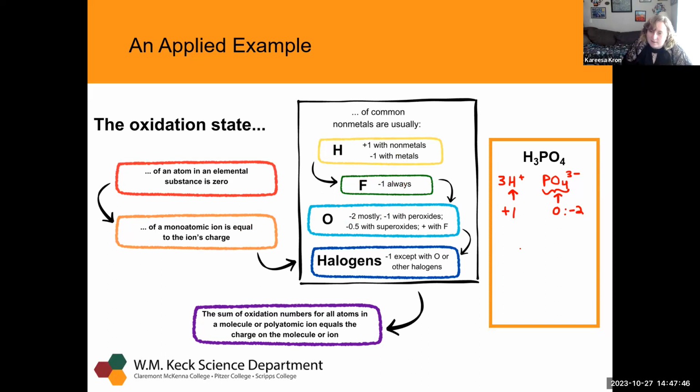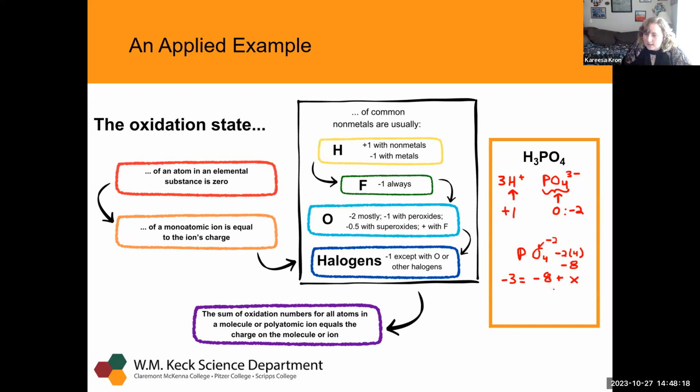So now what we have, if we have phosphate, we have -2 per oxygen, which means that we have -2 times 4. We have a total of -8 in oxidation state on oxygen. And we know that we want to get up to 3-. So we want -3 equals -8 plus the oxidation state for phosphorus, which is this sort of last purple step.